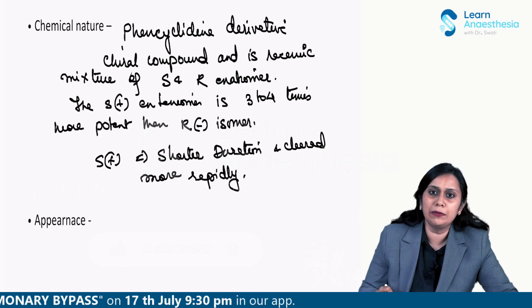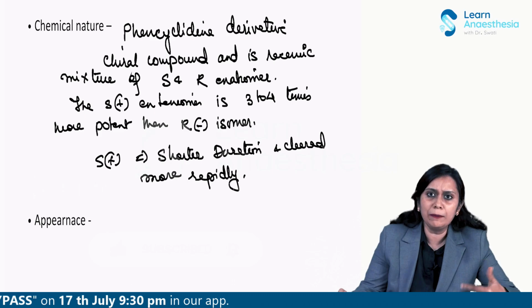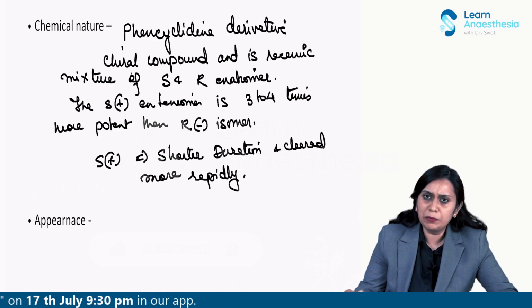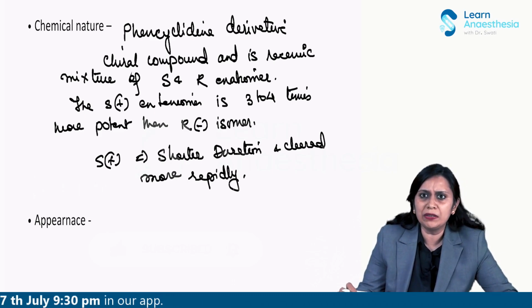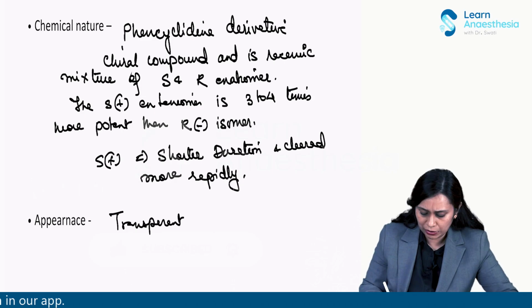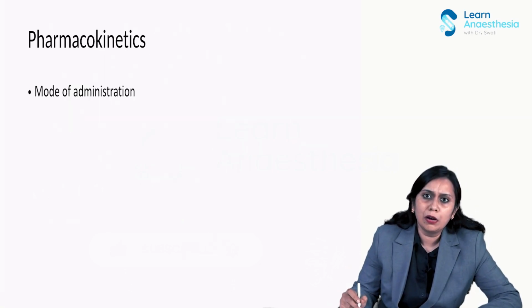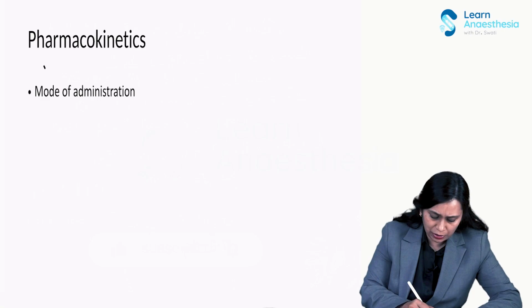Now routes of administration, I'll tell you, ketamine can be given by many routes. But before that, what is the appearance? It's a transparent liquid with a pH of about 5.5. So what are the routes of administration?